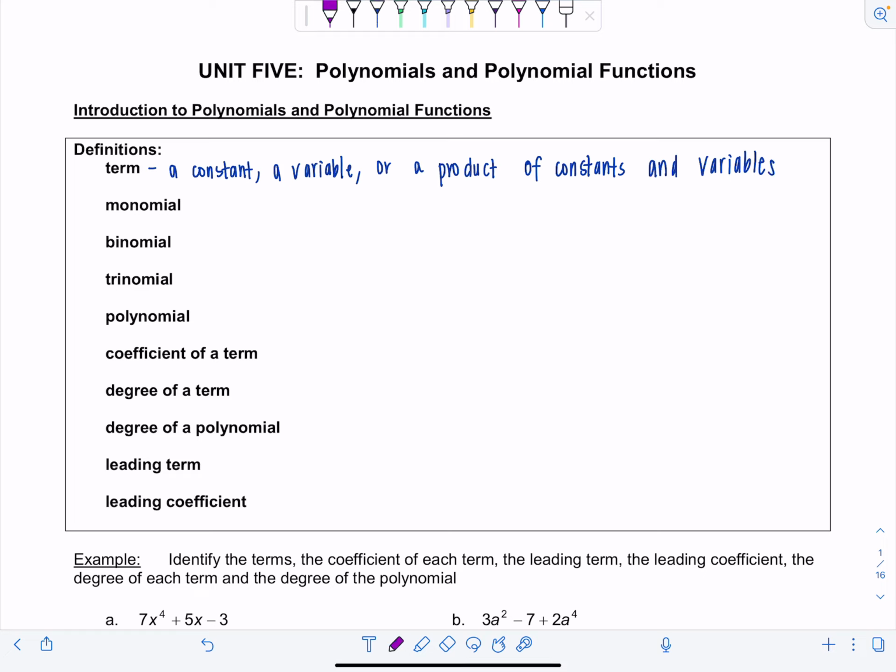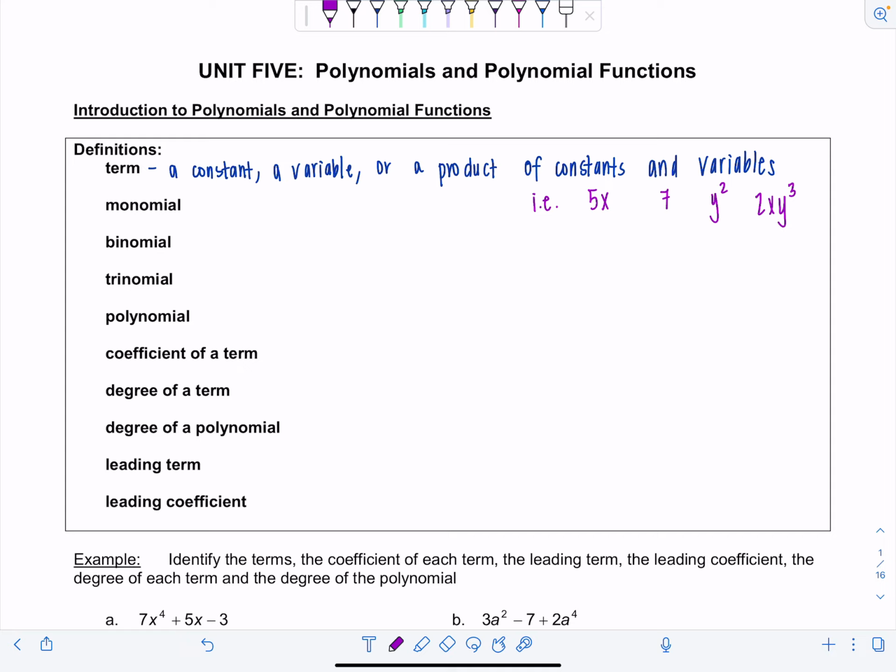So a term could be something like 5x. That's a term. It's a product of a constant and a variable, or just the number 7, or y squared, or 2xy cubed. Those are all terms.